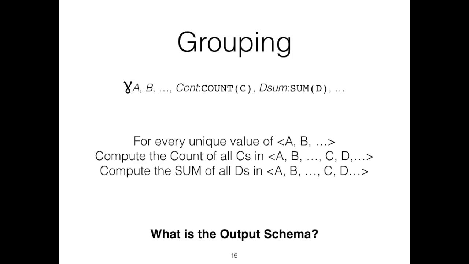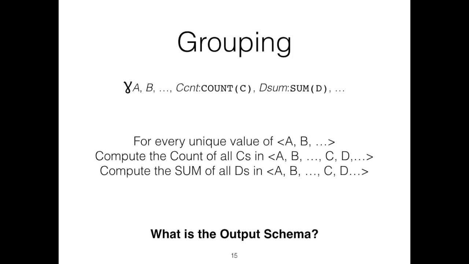So in relational algebra, or extended relational algebra, there's an operator called the grouping operator, also represented by a gamma. The grouping operator looks a lot like projection in that it has a set of attributes, and for every attribute it has either an expression or some sort of aggregate computation.